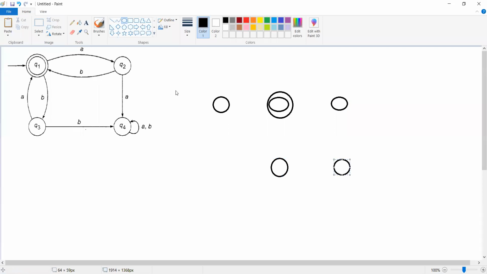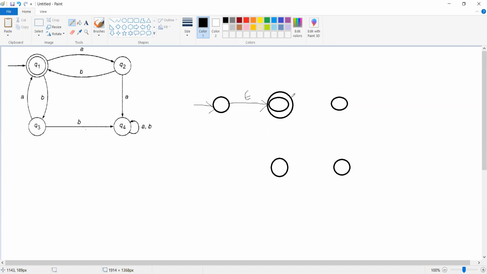And this is my new initial state. Let's go ahead with the transitions. As this is a new initial state and this is our old initial state, we need to specify the epsilon transitions. That is the first one.